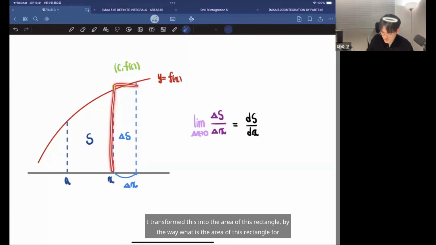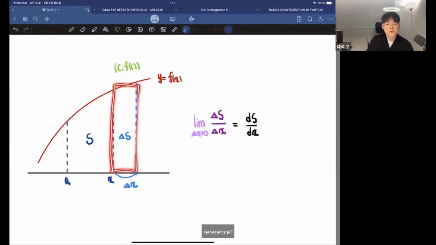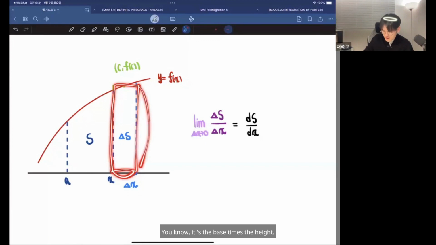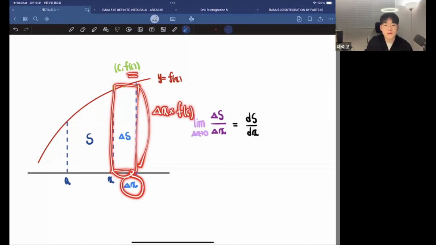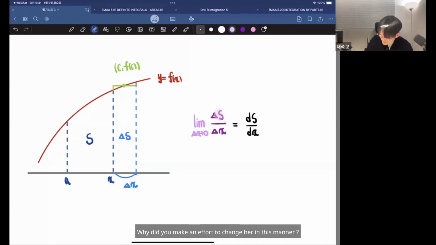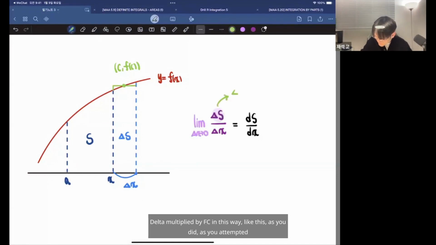What is the area of this rectangle? It's the base times the height. The base is delta x and the height is f(C). So it's okay to write it as delta x times f(C). Why did we change it in this manner?